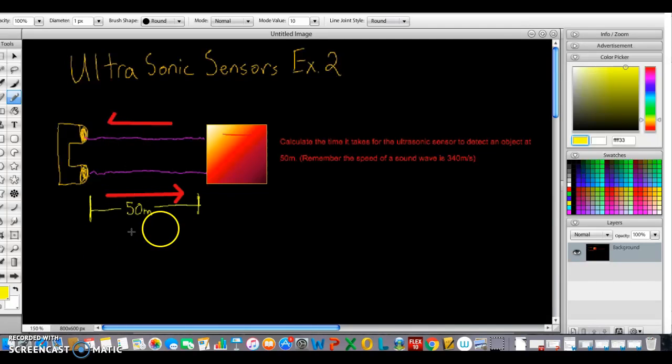So let's go ahead and solve for the time. We're going to first start off with our knowns. We're going to do a conversion. We're going to get some new knowns based off of that conversion.